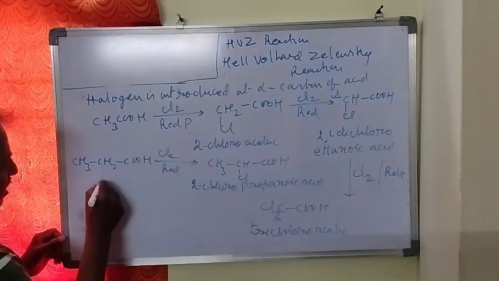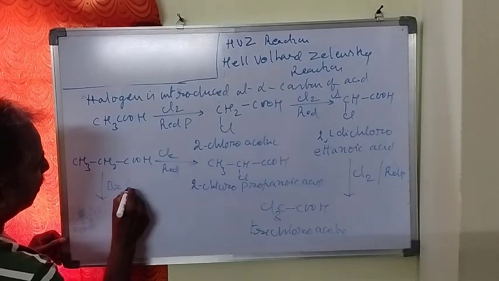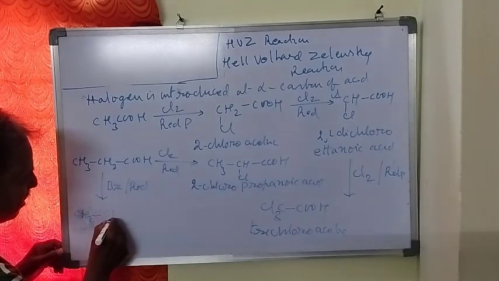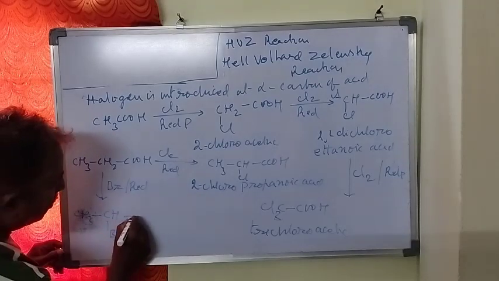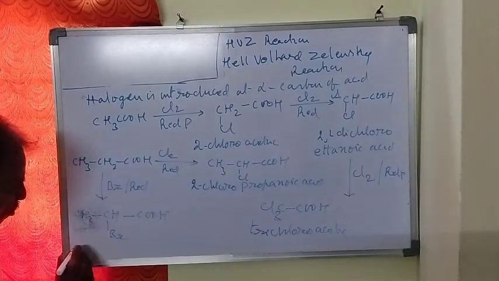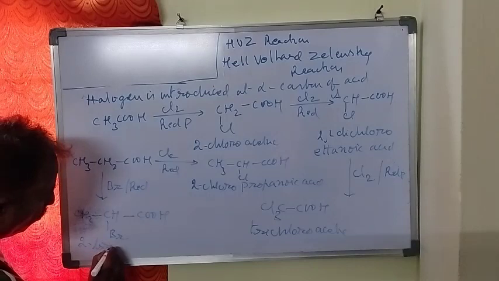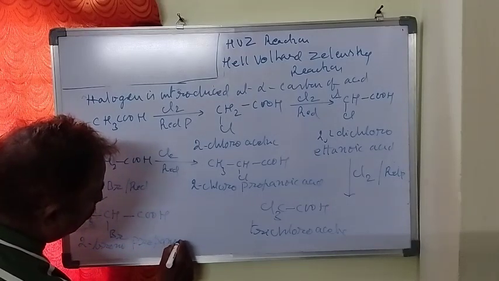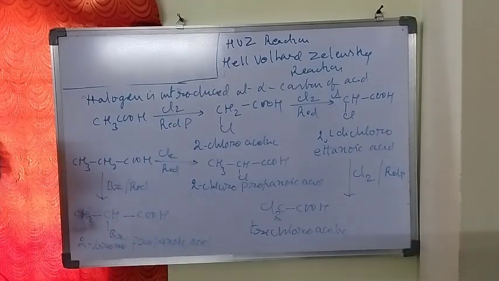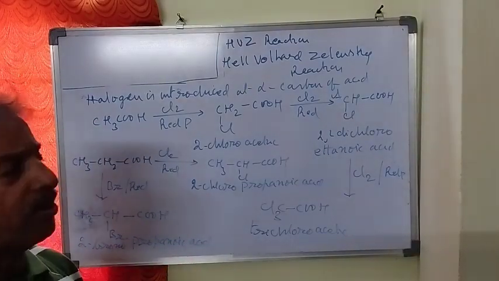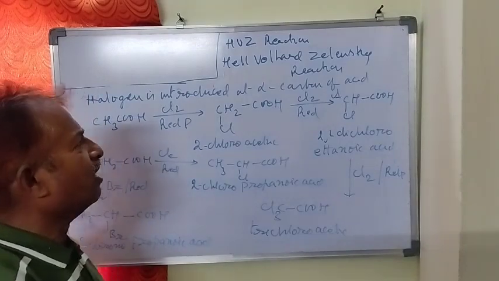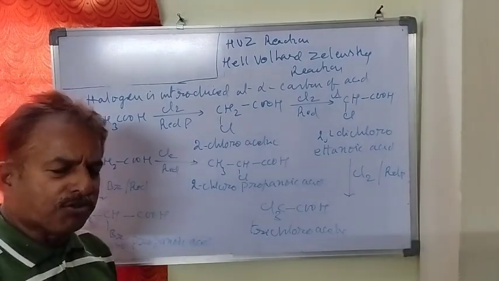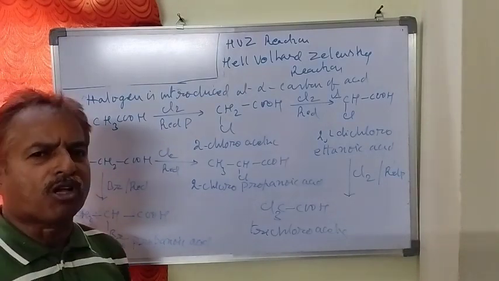Now, if it is treated with bromine and red phosphorus, we get CH3CHBrCOOH, which is 2-bromopropanoic acid. So this is an HVZ reaction. In the HVZ reaction, that is the Hell-Volhard-Zelinsky reaction, a halogen atom is introduced at the alpha carbon of a carboxylic acid.